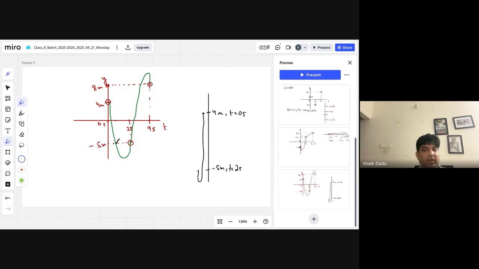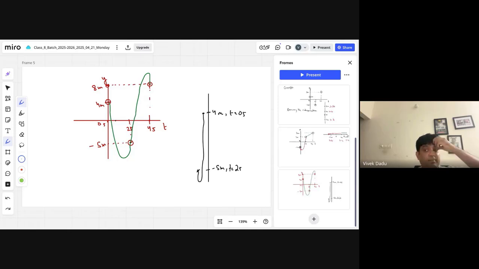This point is occurring when he is going to the -5 meter mark for the second time. So the second point has to be labeled like this. This is something which was missing. A lot of people labeled it here, or they didn't label it at all. This t equal to 2 seconds is for when he was going at -5 meter for the second time.